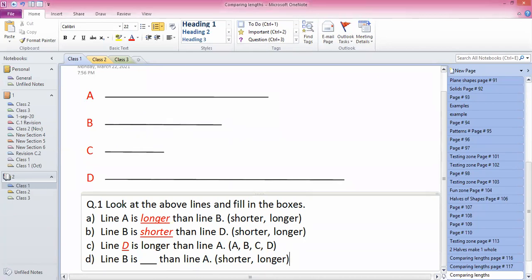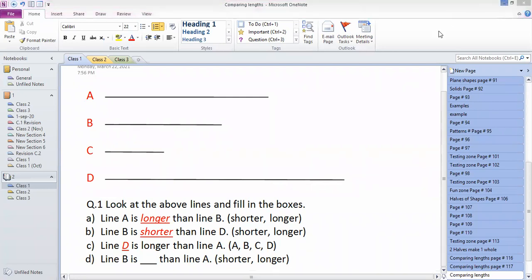You have to compare, guys, line B with line A. Ryan Umar, no. Very good, Abdul Muid. Line B is dash than line A. Line B is longer or shorter than line A. This you have to check.